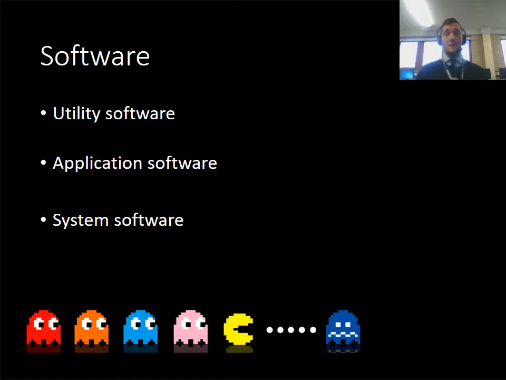Application software is software that we generally use to produce something on a day-to-day basis, such as Microsoft Word or Microsoft PowerPoint. Then we've got our system software, such as our operating system, which allows us to actually use the computer system.